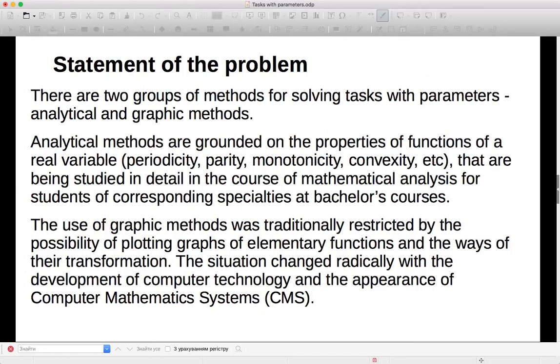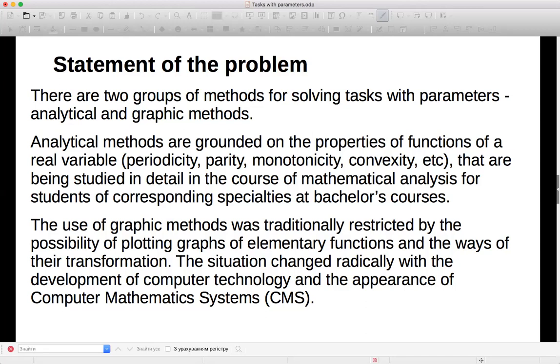Analytical methods are grounded on the properties of functions of real variable: periodicity, parity, monotonicity, convexity, etc. that are being studied in detail in the course of mathematical analysis for students of corresponding specialties at bachelor's courses.